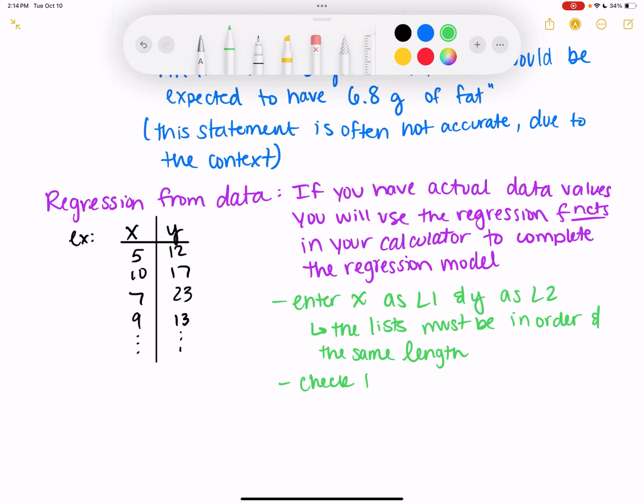Check the scatter plot of L1 and L2 to verify linear regression is appropriate.